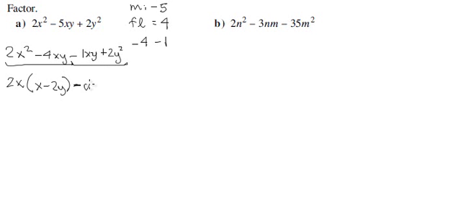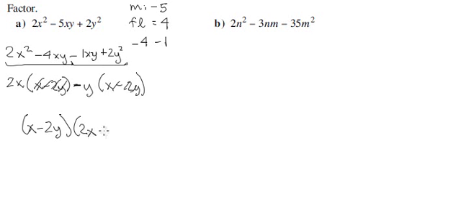We can factor out a y, and that leaves you with x. 2 divided by -1 makes -2. Y squared divided by y leaves us just y. So our common factor is x minus 2y. Pull that out. And what's left behind afterwards is 2x minus y.